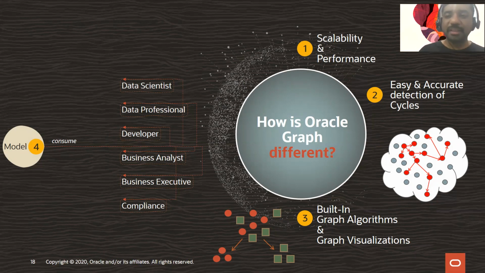It also becomes very easy and accurate to detect the cycles. So again, to reiterate, to be able to detect fraudulent transactions, it's very vital to run these algorithms on top of your massive data set, and being able to fetch the cycles in a very easy and accurate manner.